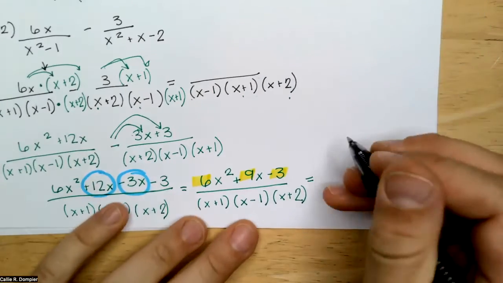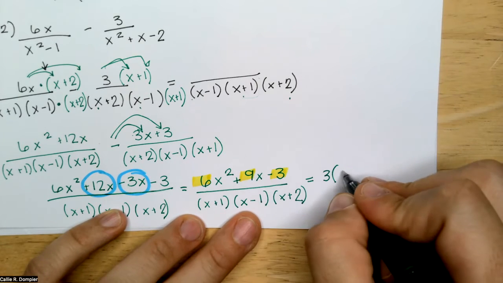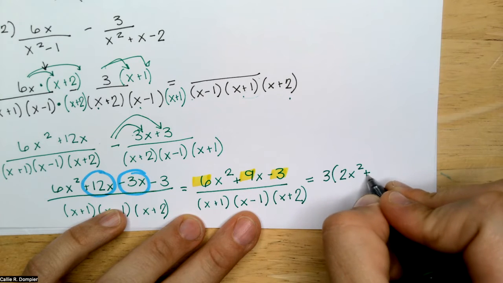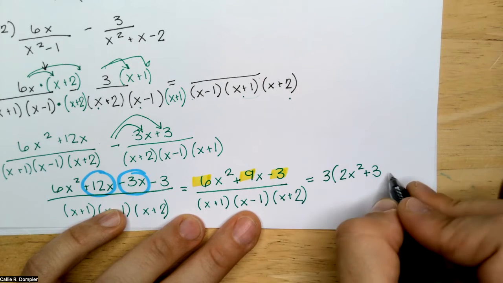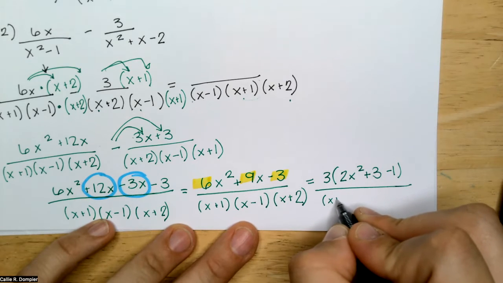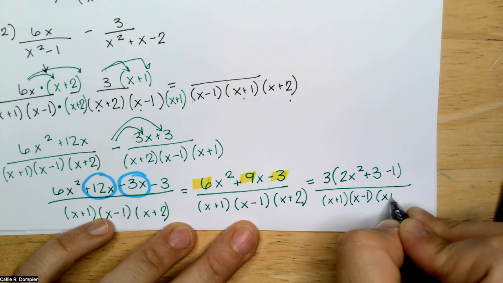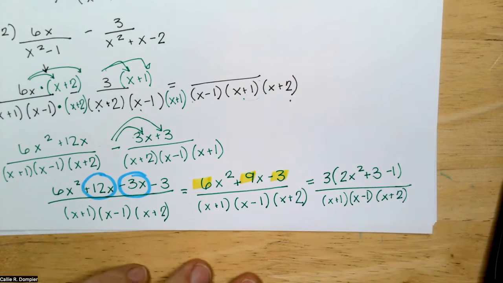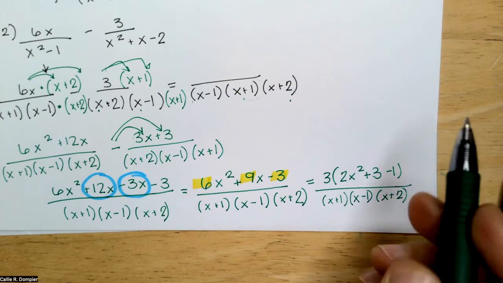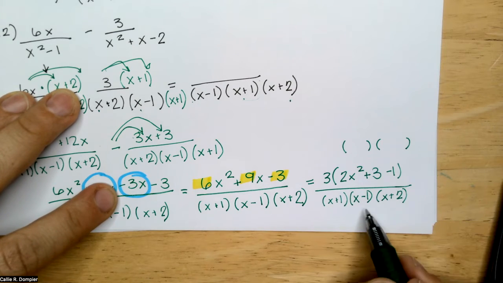So my factored form will be 3 times 6x squared divided by 3, which is 2x squared, 9x divided by 3 is plus 3, and then negative 3 divided by 3 is minus 1, over x plus 1 times x minus 1 times x plus 2.